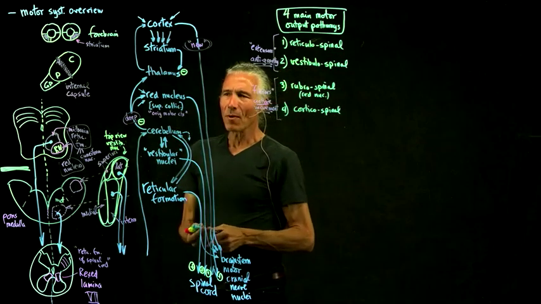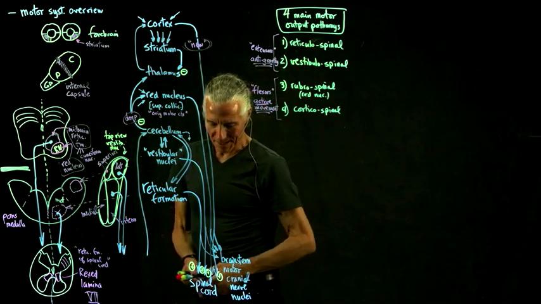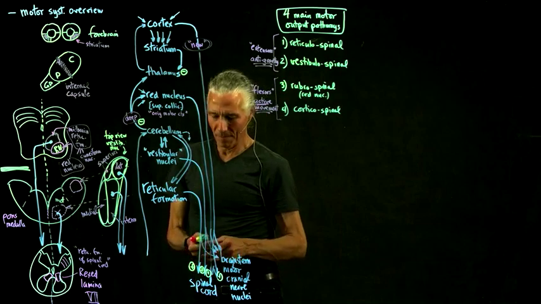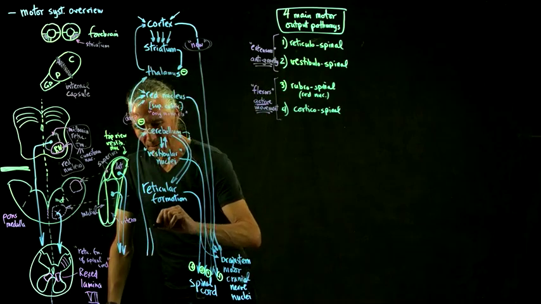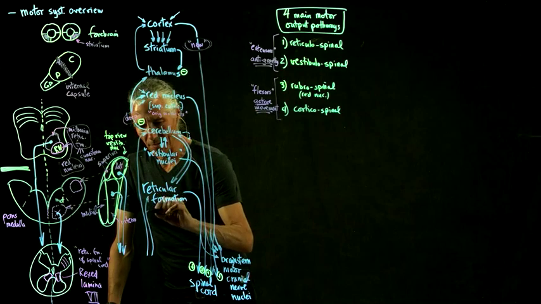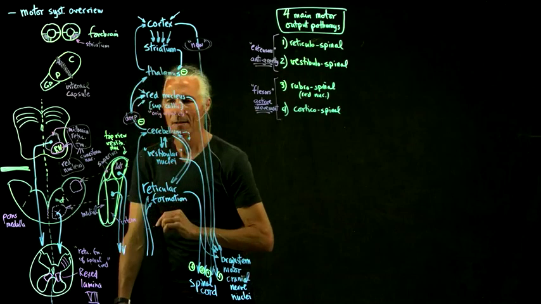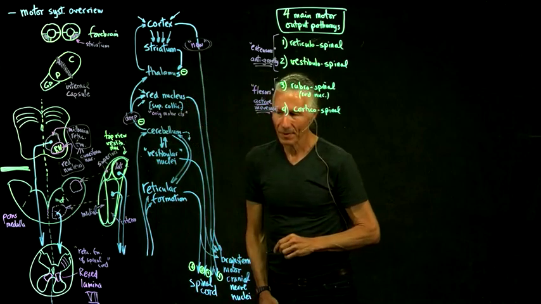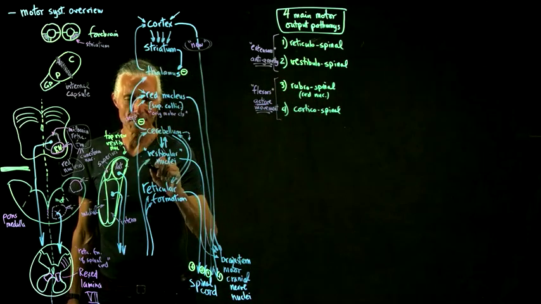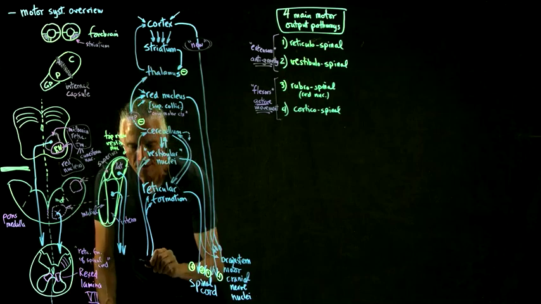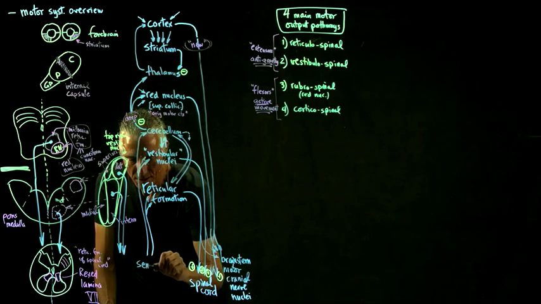And there's one more. This is the last pathway. We should draw a lot of input coming into the reticular formation. It gets all different kinds of sensory input. The reticular formation and the vestibular nuclei also get all different kinds of sensory input. So here we'll just call these sensory inputs.